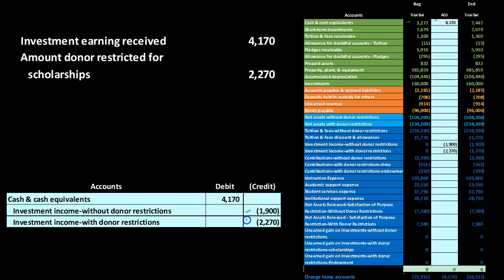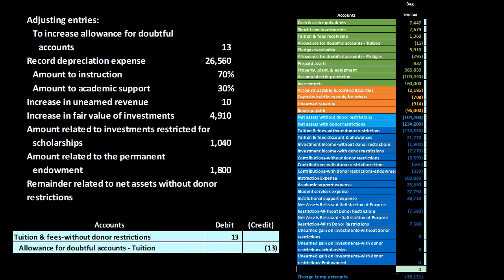Then we will be crediting the two investment accounts, the one without restrictions for 1,900, the one with restriction for 2,270, increasing those in the credit direction, also increasing what would be equivalent or similar to the net income down below, all the temporary accounts being added up, credits minus the debits, the credits winning because the revenue kind of accounts are greater than the expenses. Therefore, this is increasing that amount by the 4,170.